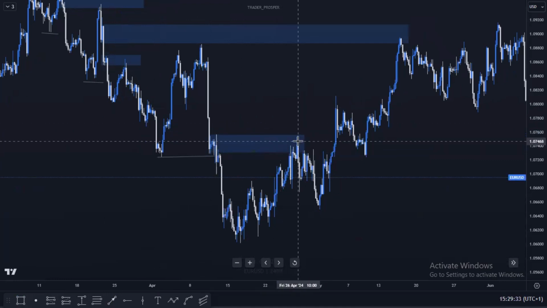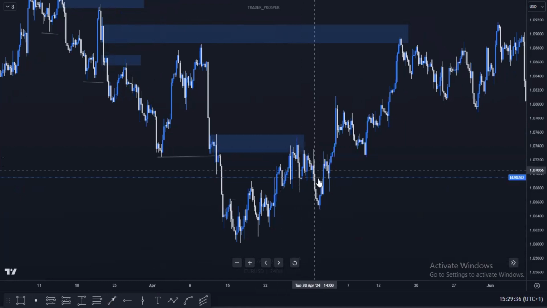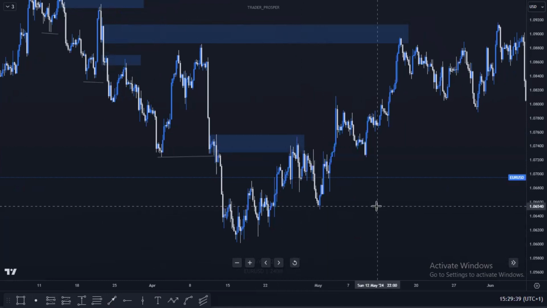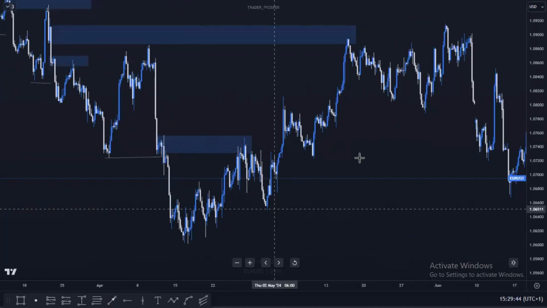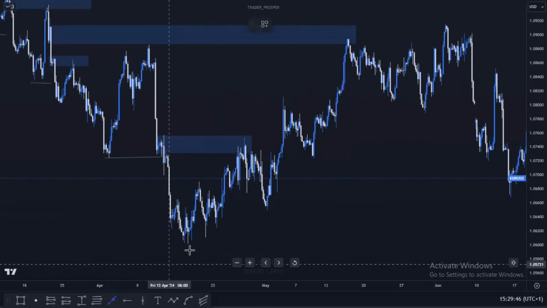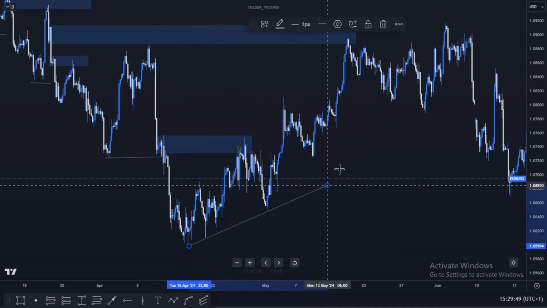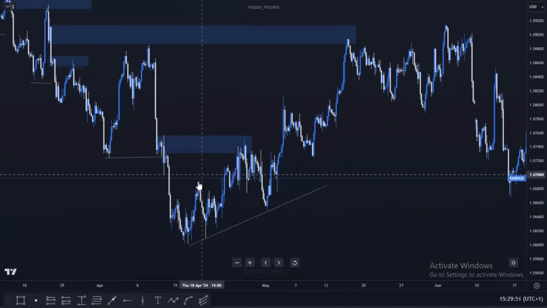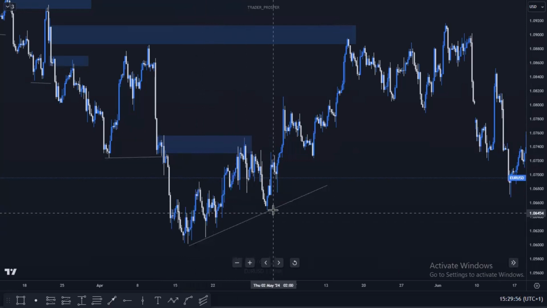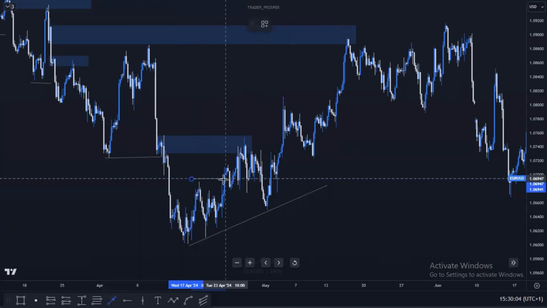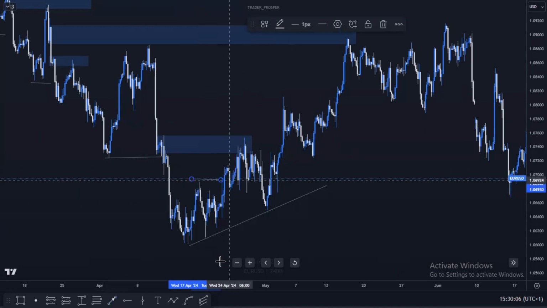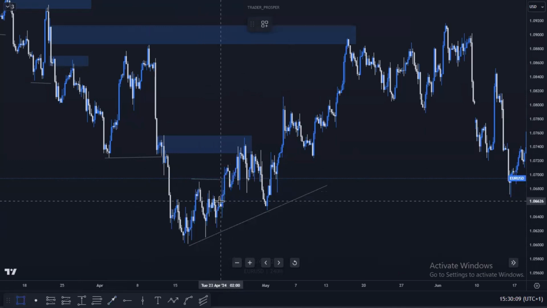Price just mitigated it and moved in slowly, and if we look at this trend, we're already trending to the upside at this point. The market kept creating a higher high, higher low, higher high, higher low, and higher high. When price crossed the BOS with this impulsive move, I will draw a demand zone.